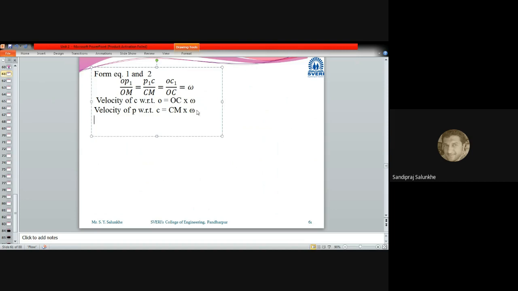आणि तिसरं, इफ वी से वेलोसिटी ऑफ पॉइंट P विथ रिस्पेक्ट टू O, काय करायला पाहिजे आपल्याला? OM हे डिस्टन्स क्लेन्स कंस्ट्रक्शन मधलं मल्टिप्लाय विथ द ओमेगा.